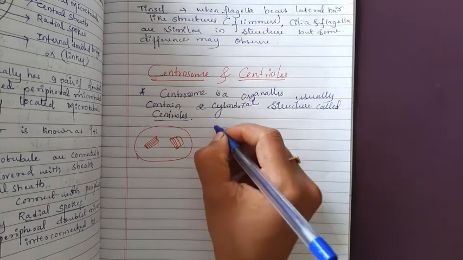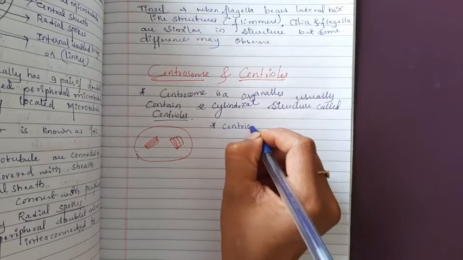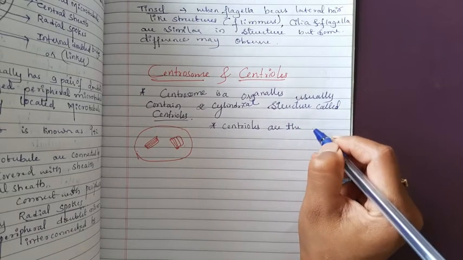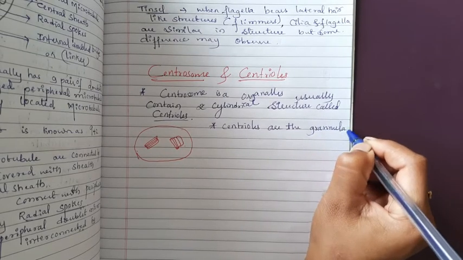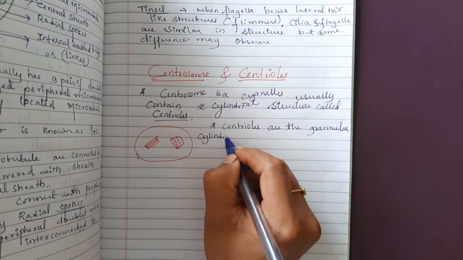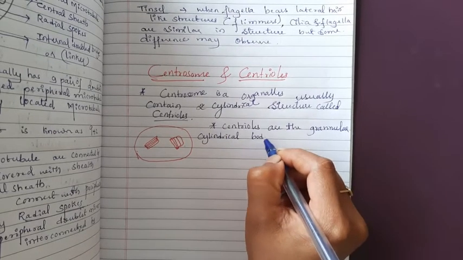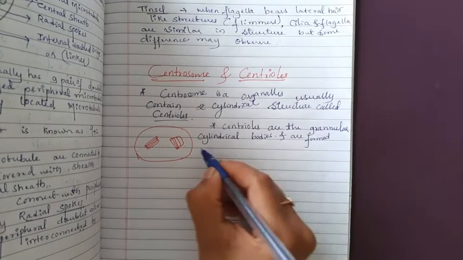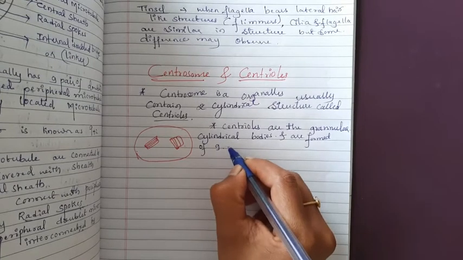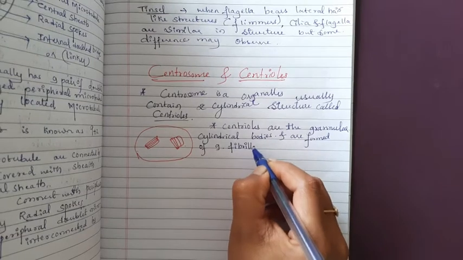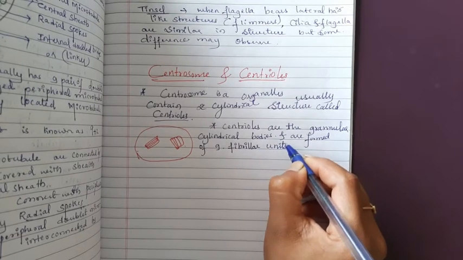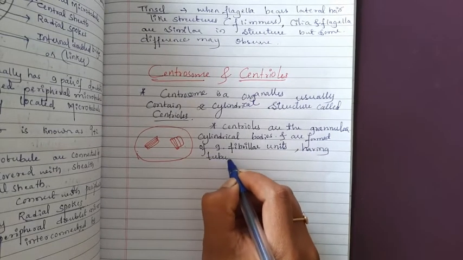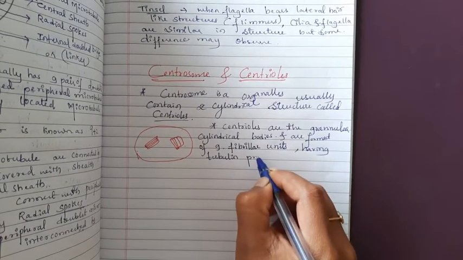Okay, I will write here: centrioles are the granular cylindrical bodies and are formed of 9 fibrillar units having tubulin protein.